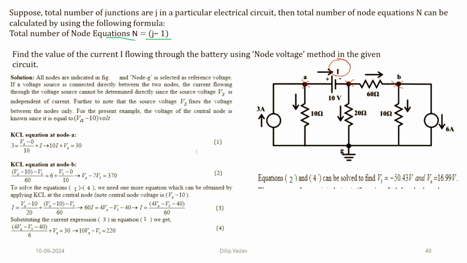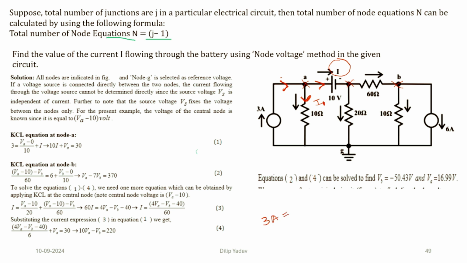So what I said, the current entering, this 3 ampere was the current that was going, and it was distributed in two parts, this and this. One is I, another one I need to find, for example I1. So this 3 ampere is going to split into two.